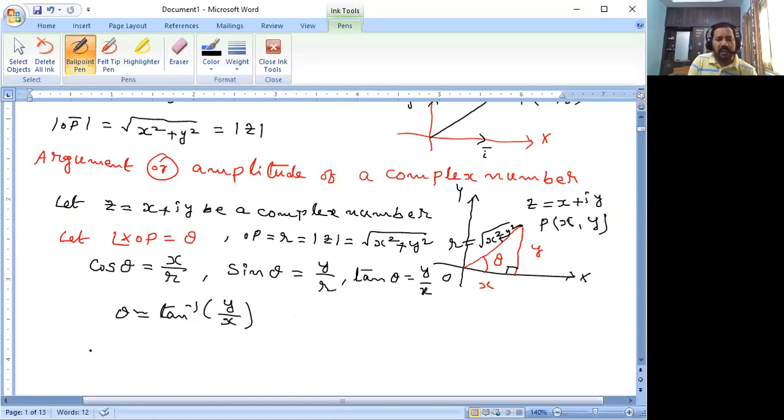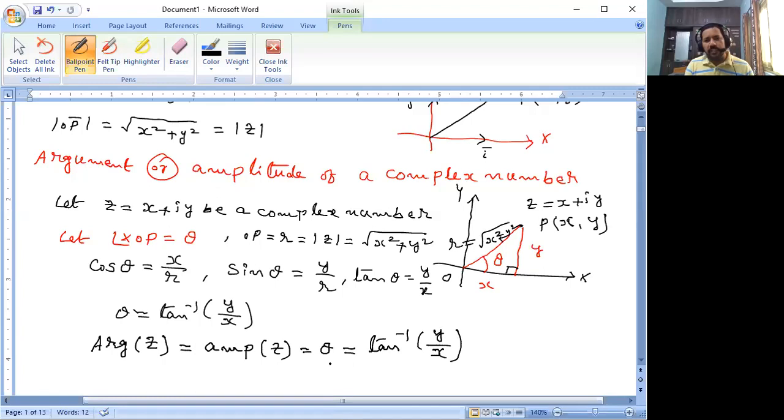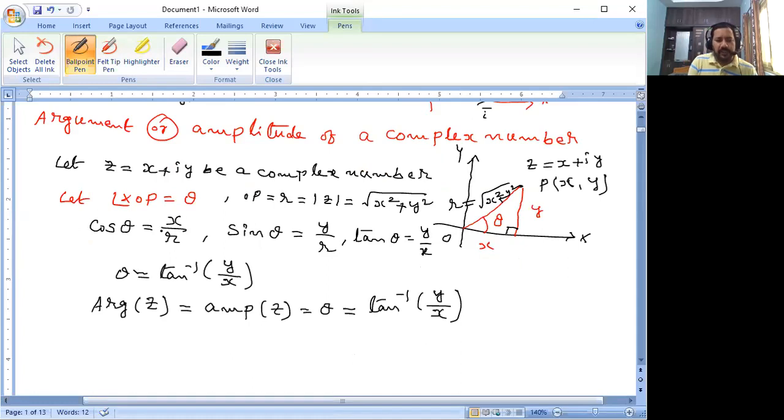It is denoted like this: arg z is equal to amp z, that is equal to theta, that is equal to tan inverse of y by x. Okay, argument of z, amplitude of z, theta, these are all the same but with different names. Now, the principal value of amplitude.